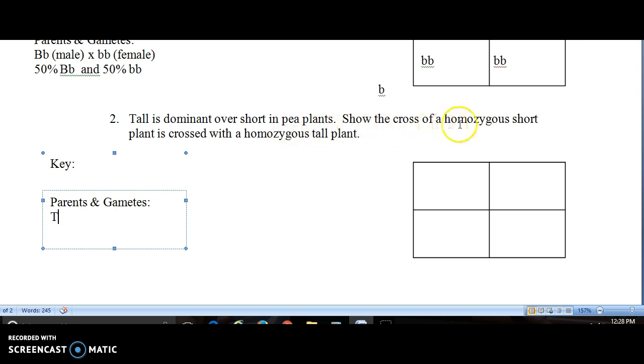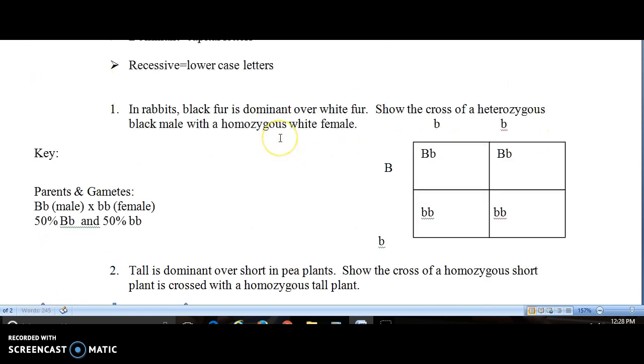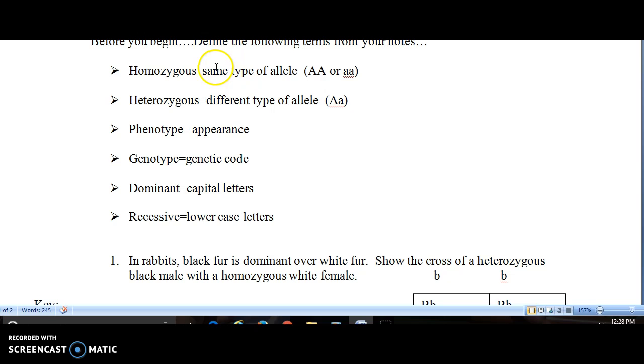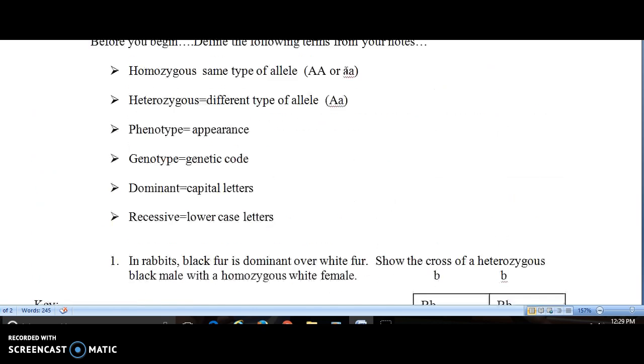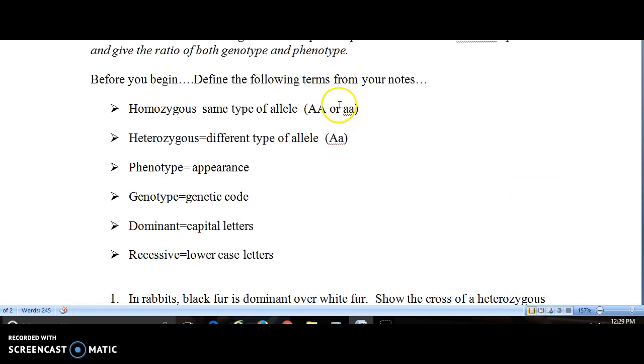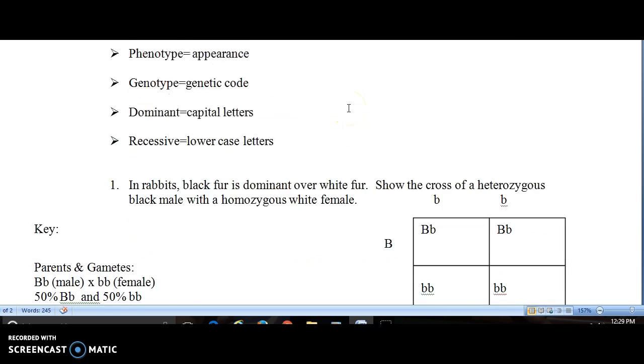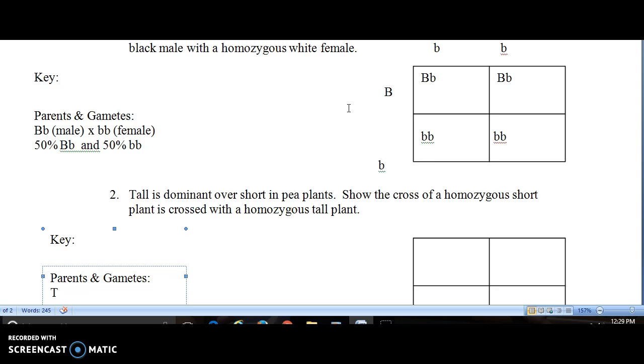It says show the cross of homozygous short. Homozygous means that they have the same type of allele, and if it's homozygous short, it's going to be the two lowercase letters, okay, because tall is dominant.